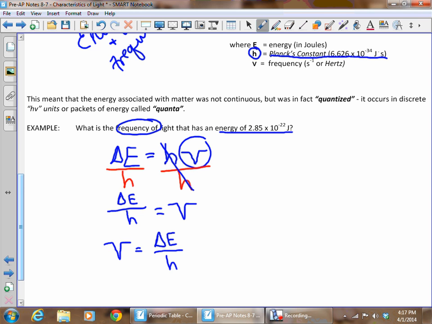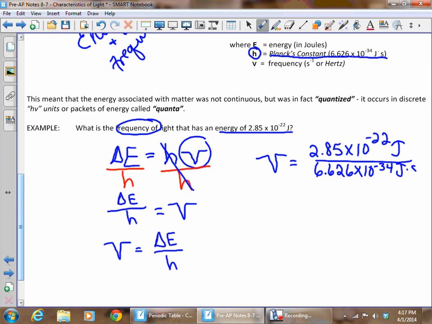It's kind of a thing for me. So frequency then is going to be equal to the energy, which is 2.85 times 10 to the negative 22nd joules, divided by Planck's constant, which is 6.626 times 10 to the negative 34th joule seconds.